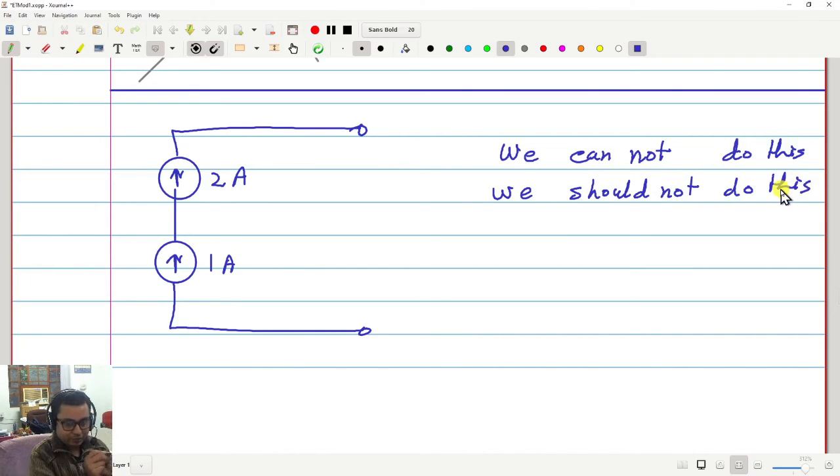Cannot means, if I draw a circuit like this and ask you how much current will flow, that is meaningless. That question has no solution. So we cannot design or draw a circuit like that.